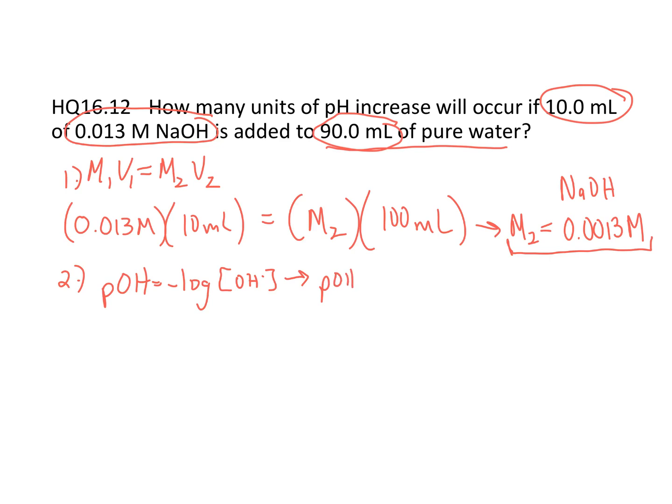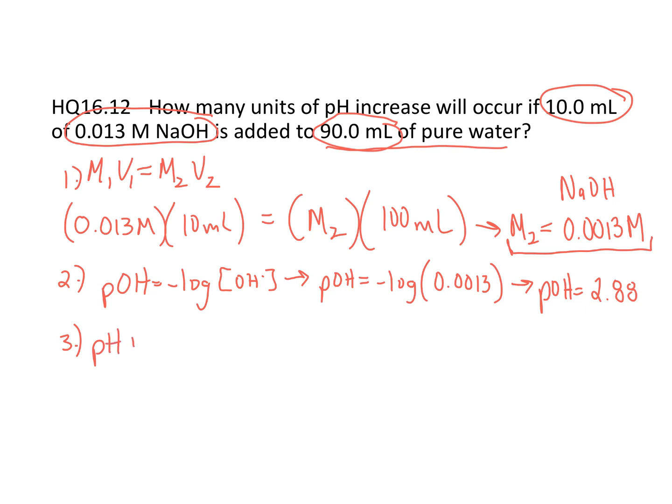So the pOH of this solution equals the negative log of 0.0013. So the pOH of this solution equals approximately 2.88. That's the pOH, and we are looking for the pH.